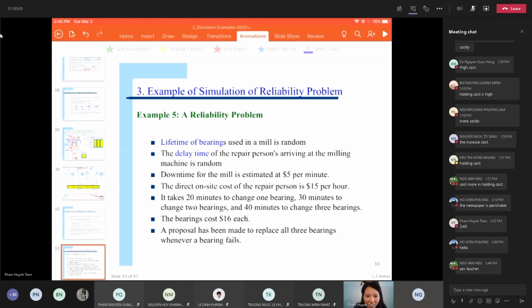Okay, this is our last example, a reliability problem. This is also a very common problem in production. In a factory, to ensure production goes smoothly, you have to do good maintenance.